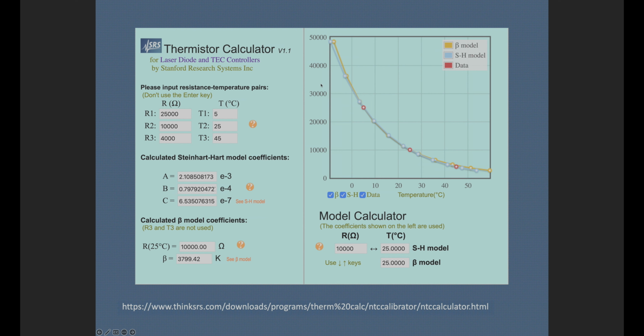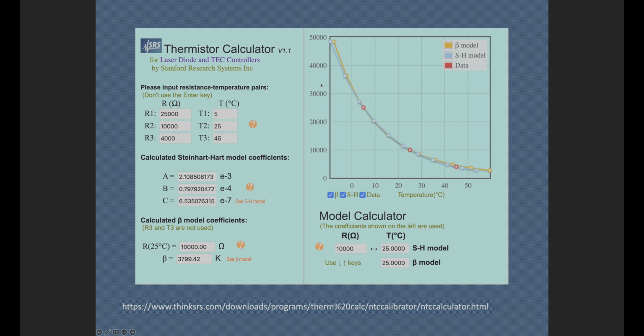So let's put in our readings that we picked up from our epoxy thermistor. All the green boxes are places where you can enter data. Okay, let's enter the data we received for the 0 temperature for our epoxy thermistor, 31772.